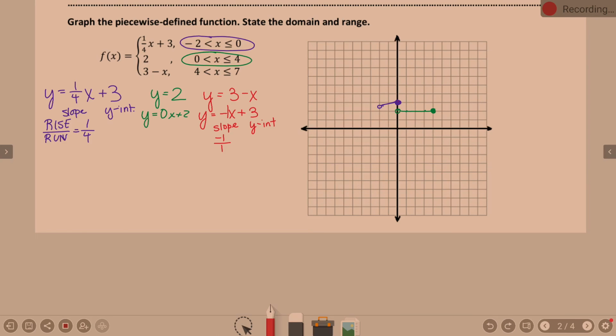Oh, that's interesting. It's there on my purple dot already. And we need a slope of what? -1 over 1. So I'm going to go rise -1, run 1. Down 1, right 1. Down 1, right 1.